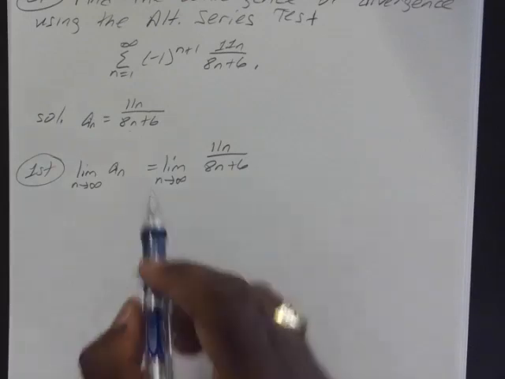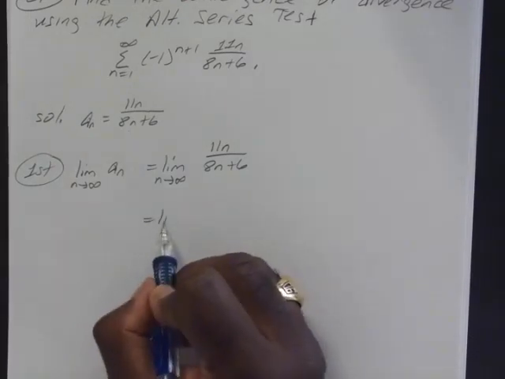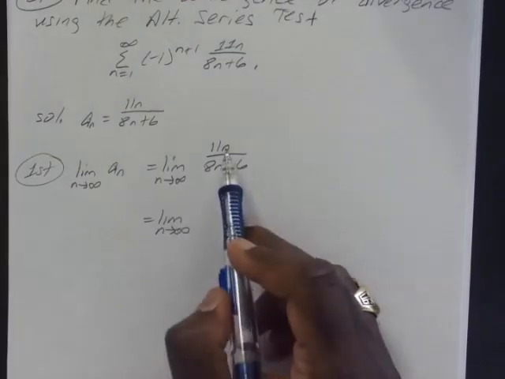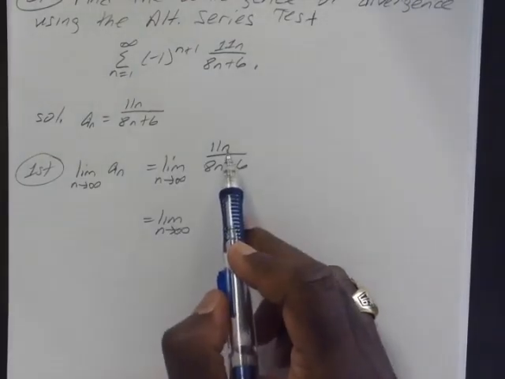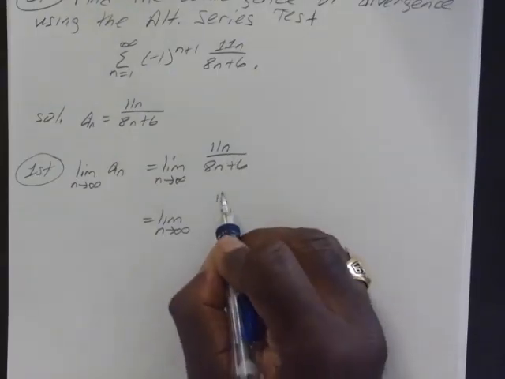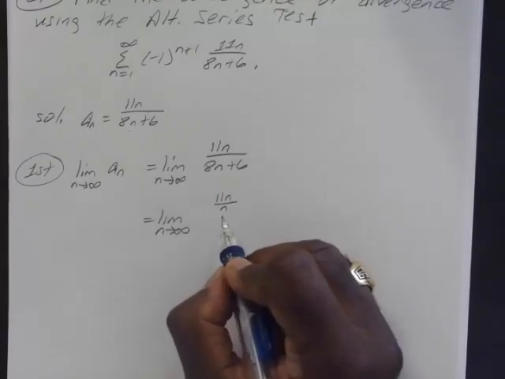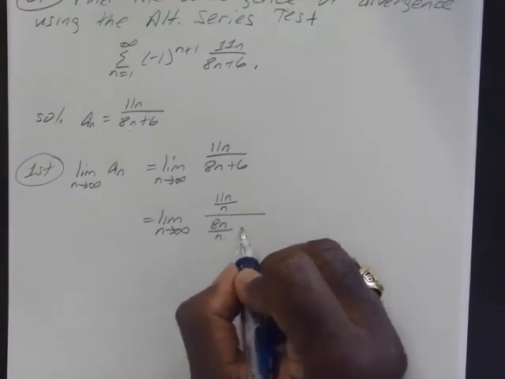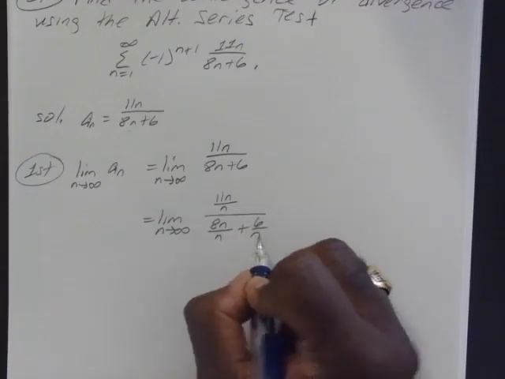Okay, so to simplify this even more, we're going to divide each term by the highest variable and exponent, which in this case is n to the first power. So it's 11n divided by n, divided by 8n divided by n, plus 6 divided by n.